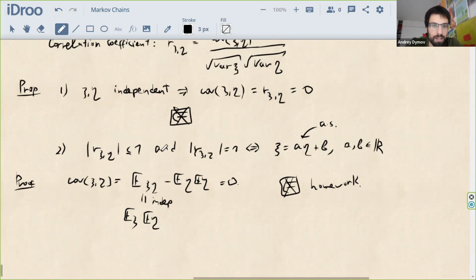And you see that the correlation coefficient achieves its maximal value, 1, when the random variables are very strongly dependent, that is, just linearly dependent.